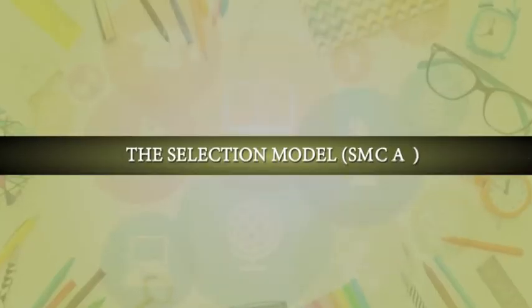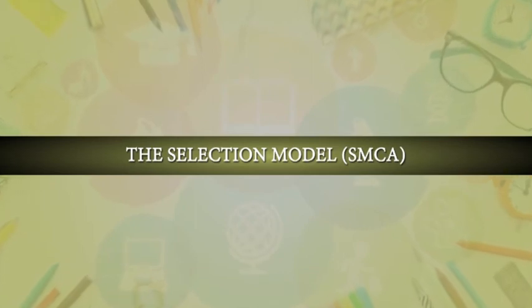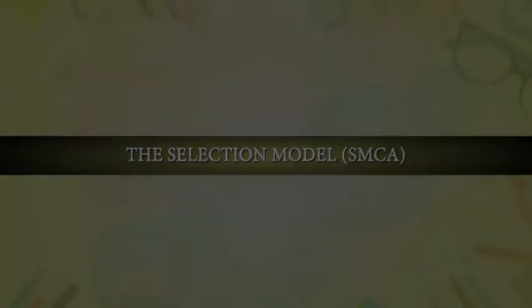Now, let us come to the syntax of the selection model. The procedure begins with the presentation of several instances representing the various combinations of attributes of a concept by the teacher. The teacher then draws the attention of the students to some of the examples presented which illustrate the concept.